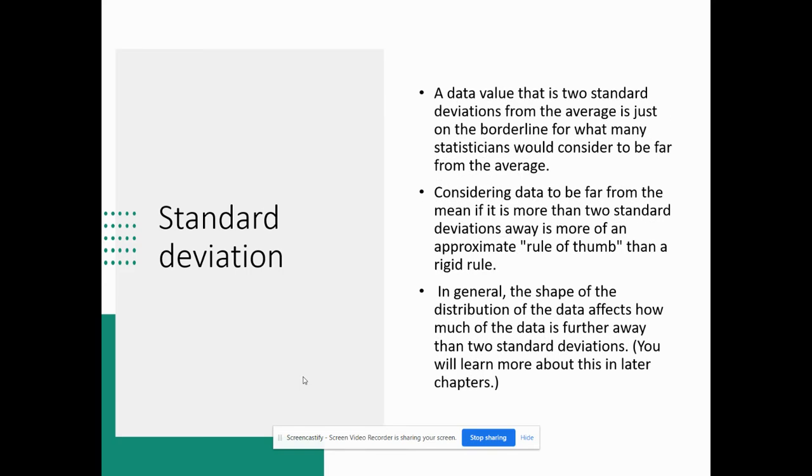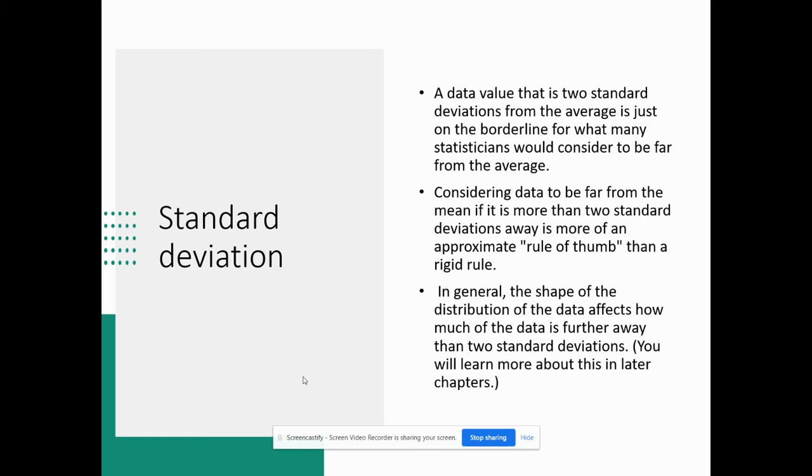So a data value that is 2 standard deviations from the mean is just on the borderline of what statisticians consider too far from the average. I like to know that my data is within 2 standard deviations of the mean on both sides. Remember, below the mean and above the mean. It's not always a hard and fast rule, but that's a way that we look at it.